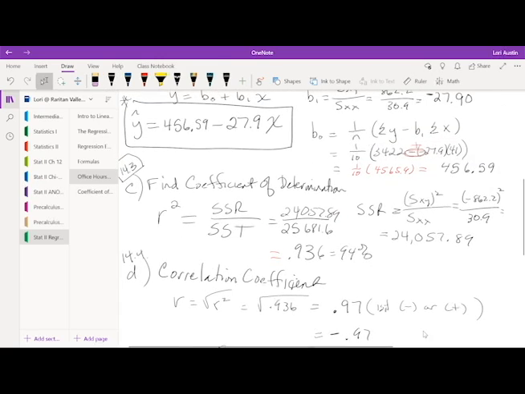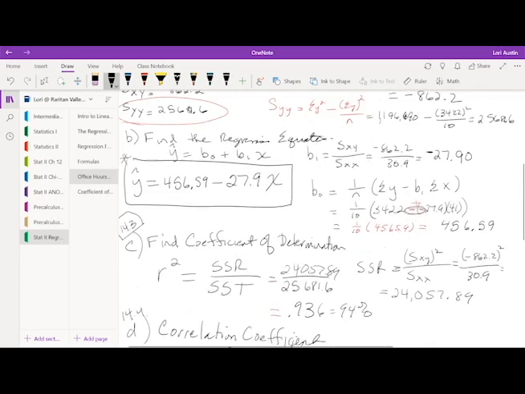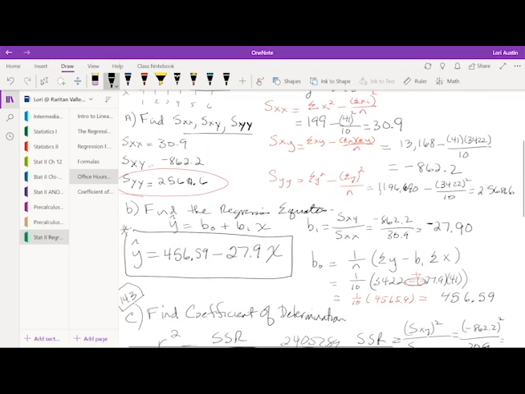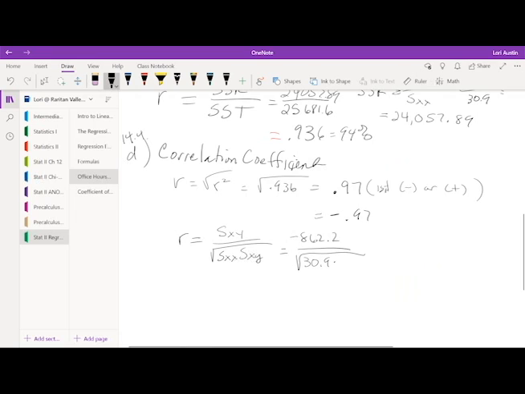That's S of yy, hold on. Yeah, that's yy. My x's and y's look all the same when I'm doing this. 25,681.6. That's not good. This one was y.